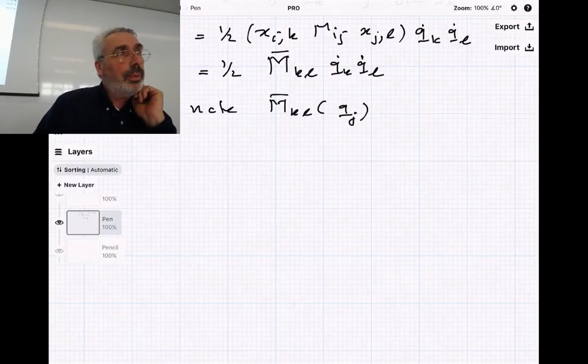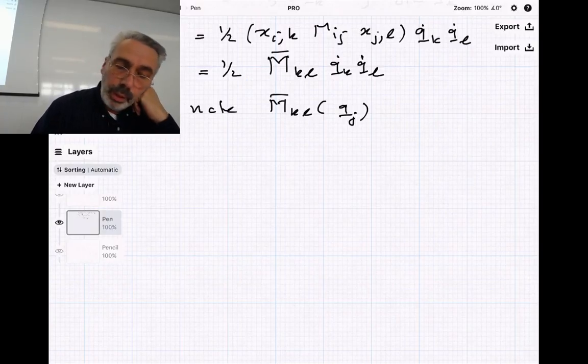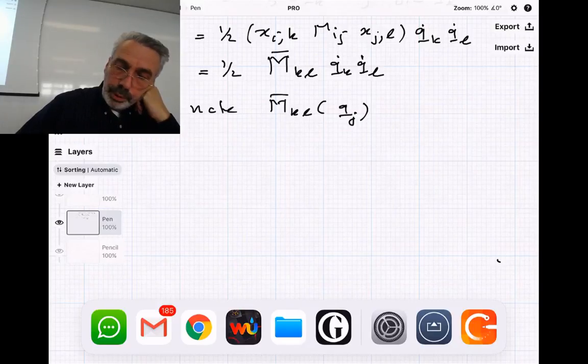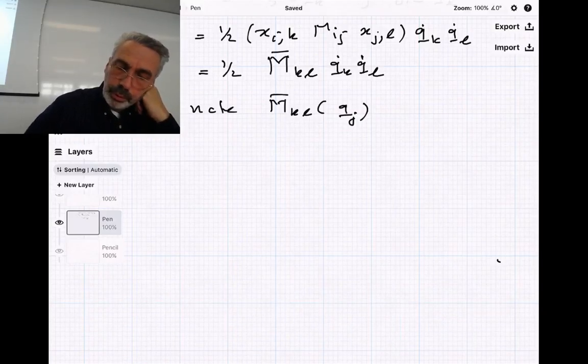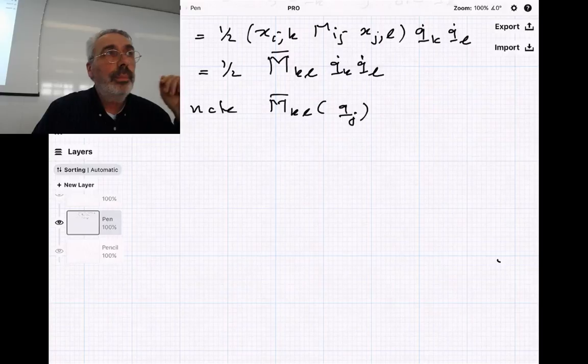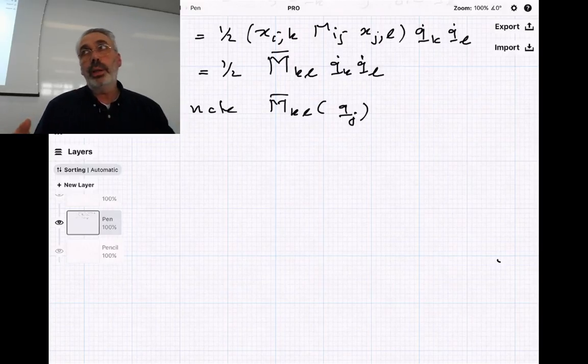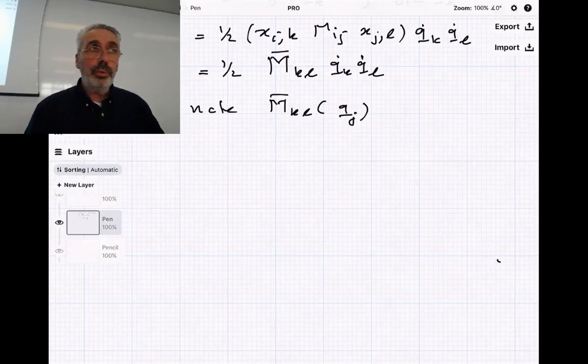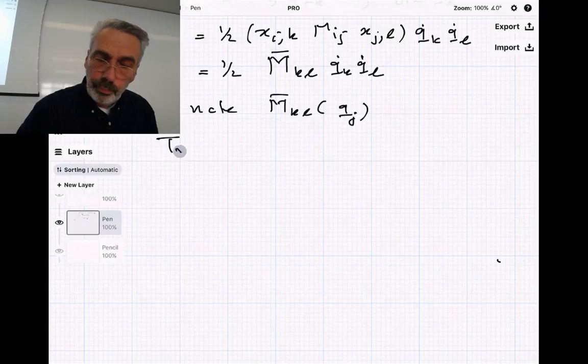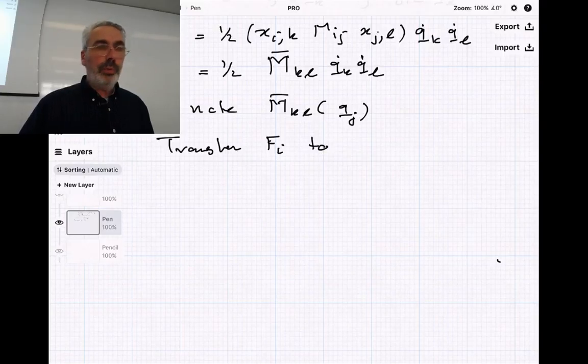Then the step we have to make is, oops, go back. We have to find a way to transform forces from the CM coordinates to forces in the generalized coordinates. So transform the Fi's to, what are forces in the generalized?